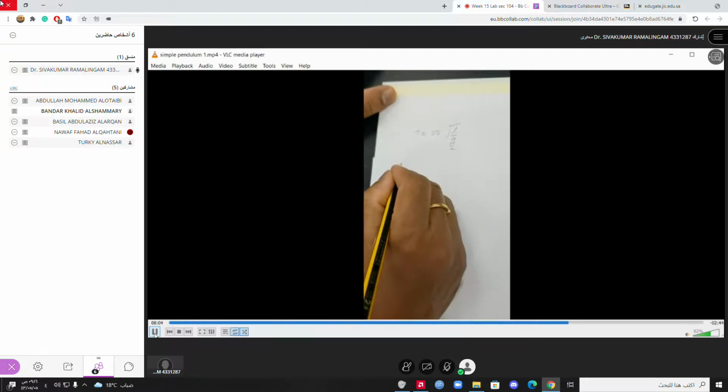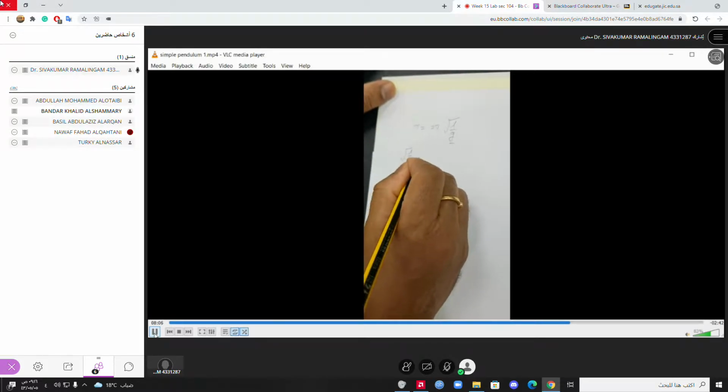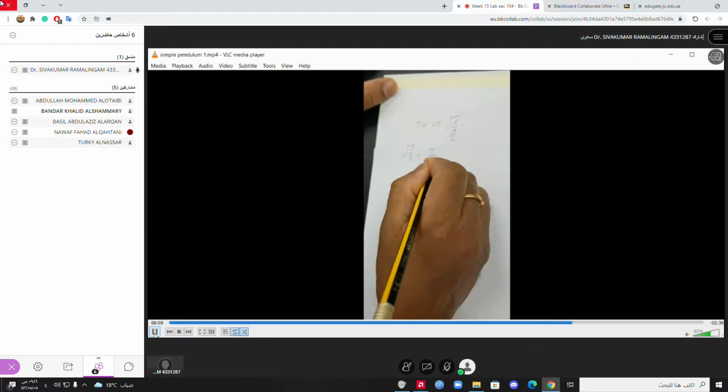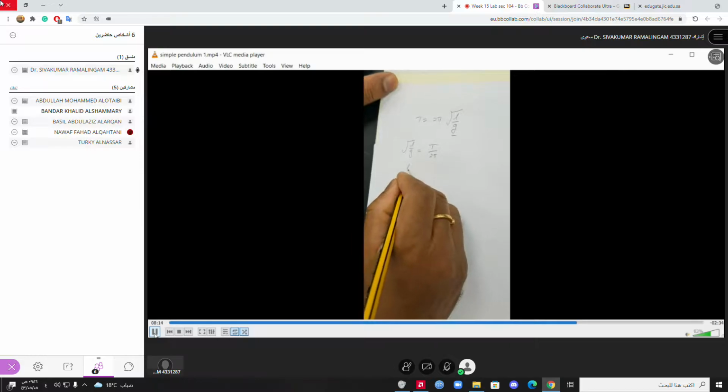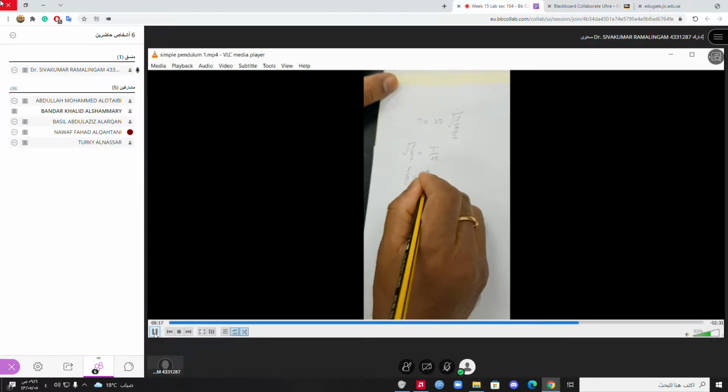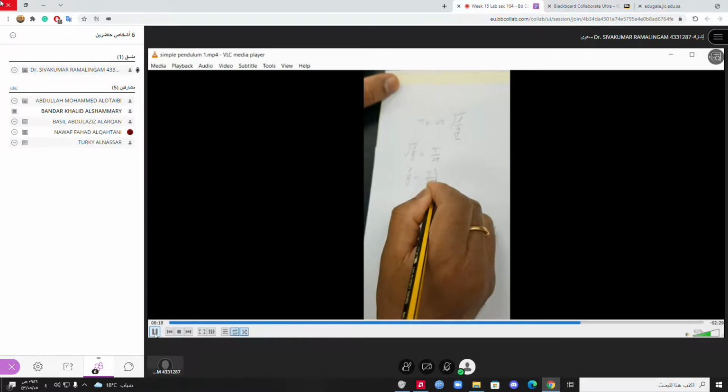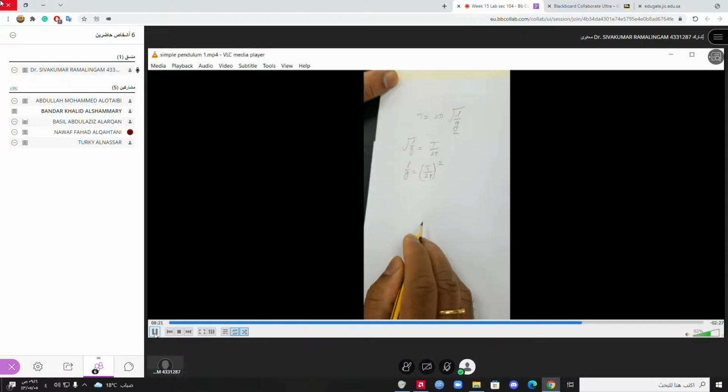Here, let us simplify this. Square root of L over G is equal to T over 2 pi. We're taking 2 pi to the other side. I want to calculate G, so let me take the square. L over G is equal to T by 2 pi whole square.